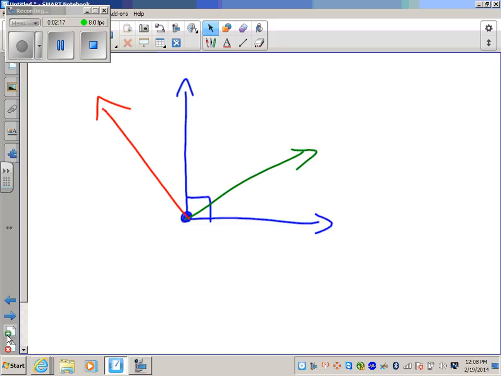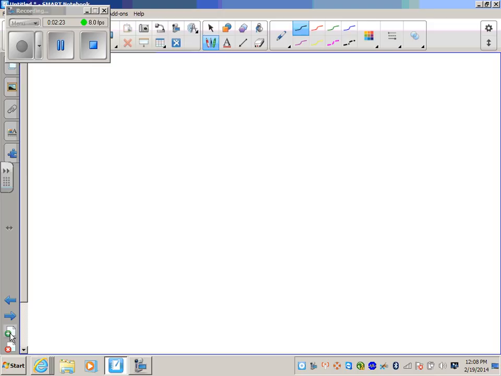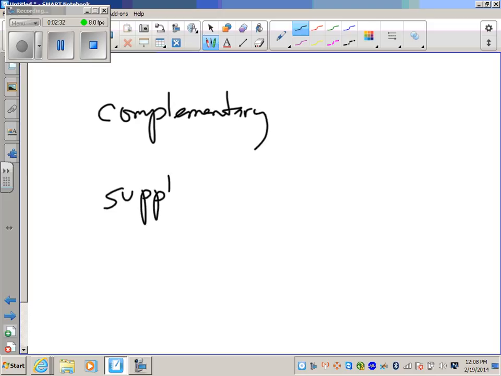Complementary, supplementary. How do you remember the difference between the two? What was the trick I taught you last year? How do you keep track of which one is 90 and which one is 180?